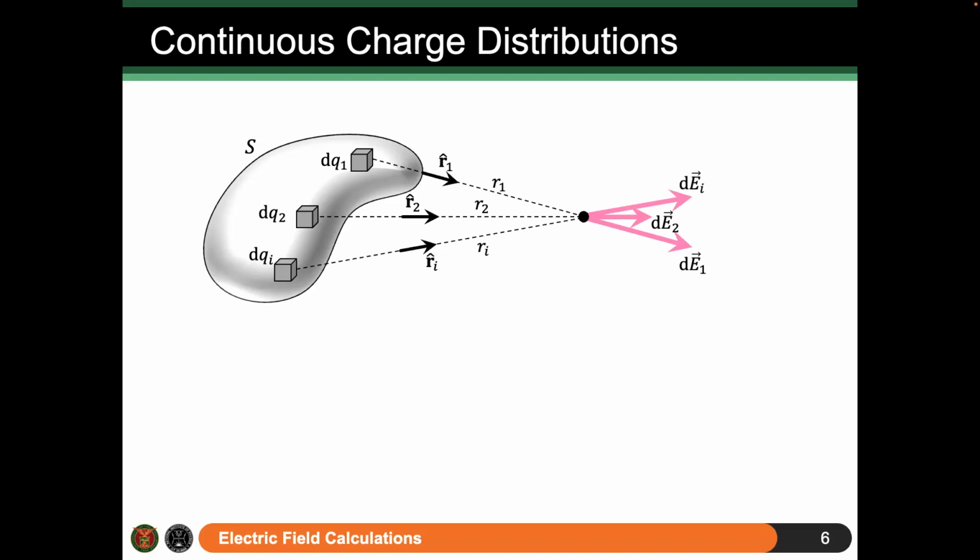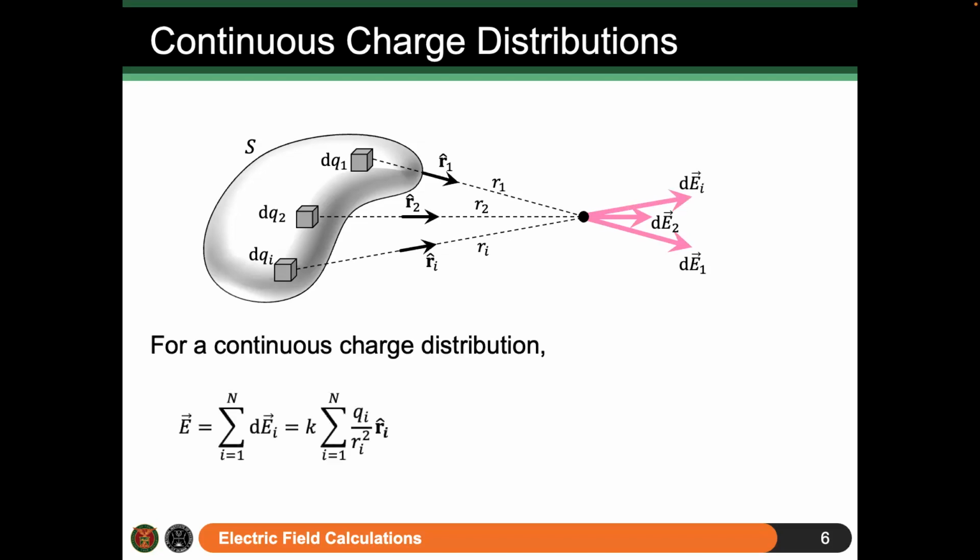For a continuous charge distribution, the total electric field due to this source is just the sum of all the infinitesimal electric fields from each infinitesimal charge in our source, given by this summation.